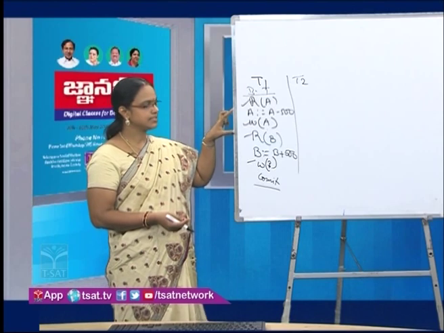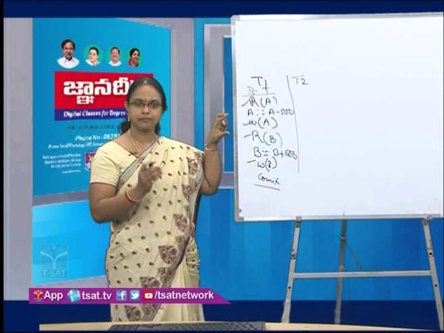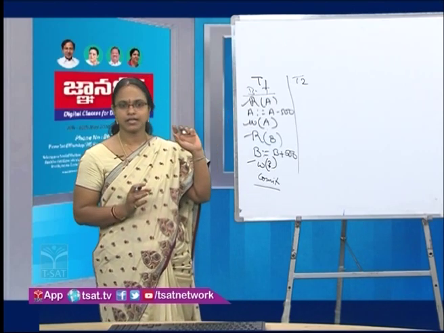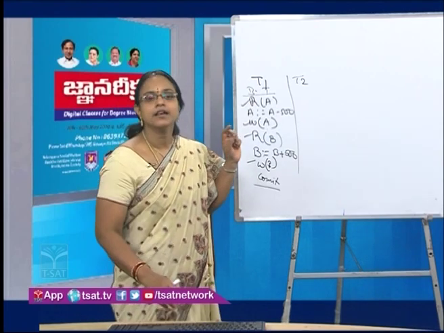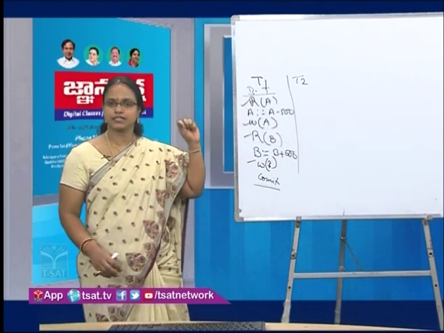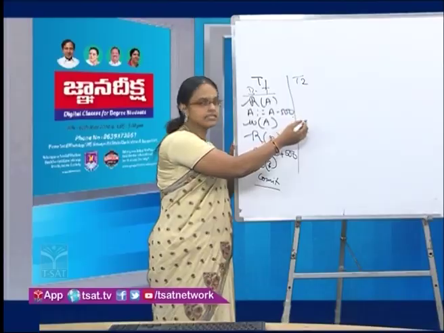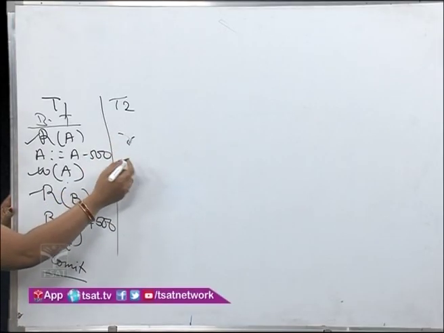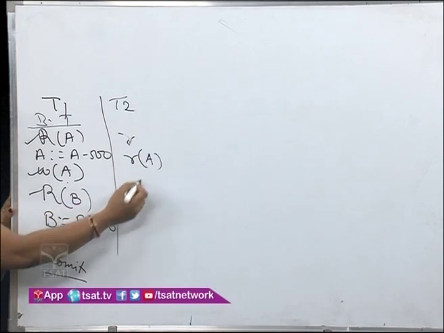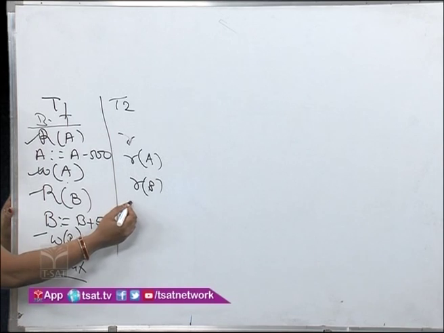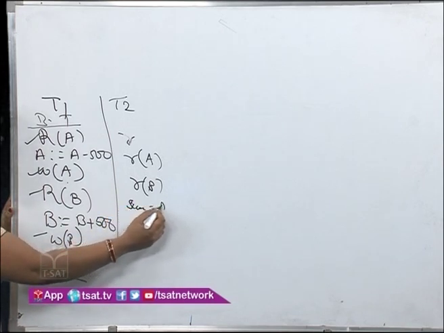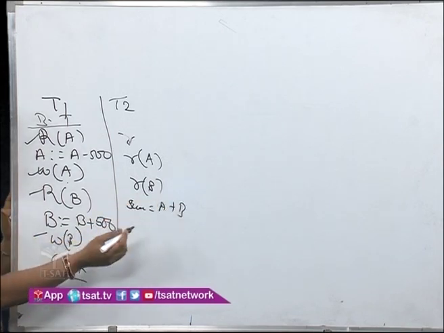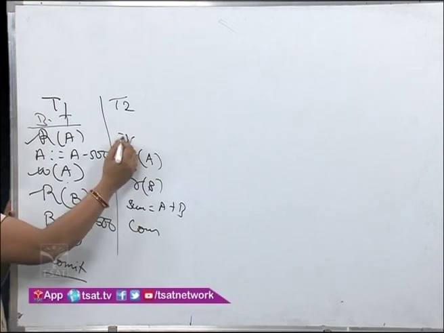Let's suppose this transaction is transferring 500 rupees from account A to account B. And we have another transaction T2 which is doing the sum of A and B. So it is reading the value of A and reading the value of B and performing sum equals A plus B. It is adding both and commit. Begin transaction.